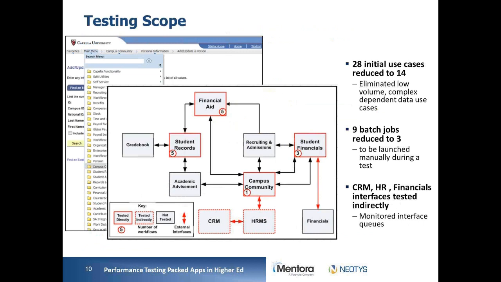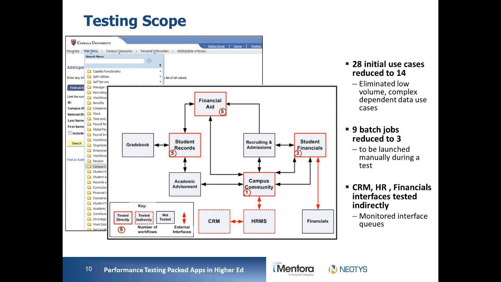At Capella, the footprint of PeopleSoft is quite extensive. This diagram, square in the middle, kind of shows it. Each of those boxes is a major application area. And the red squares and the circles inside those squares represent the eventual 14 use cases that we prioritized, eliminating some of the low volume ones that weren't really as important.